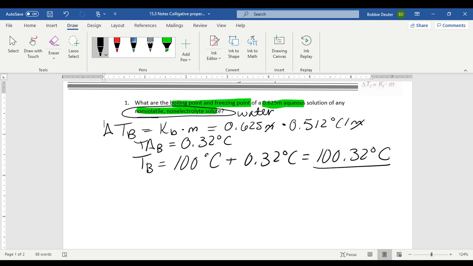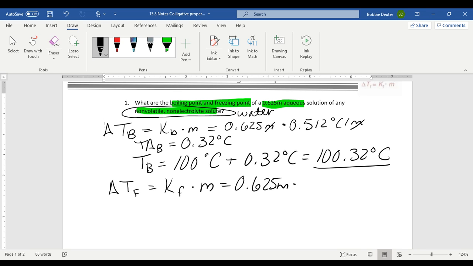Okay, so now that we found that, we're going to do the freezing point. So again, we are going to find our freezing point depression. How far does it drop below freezing? So we still use K_f times m. We still know what our molality is. That is not changing.